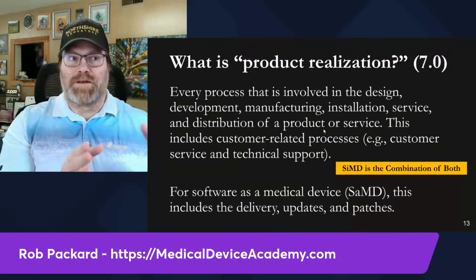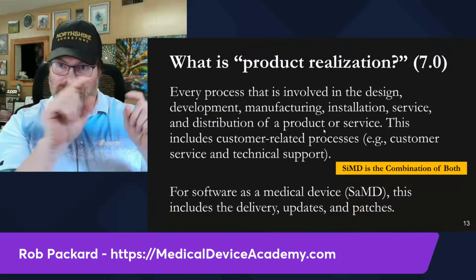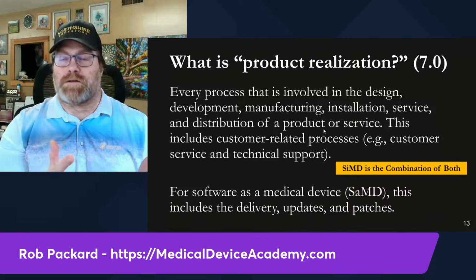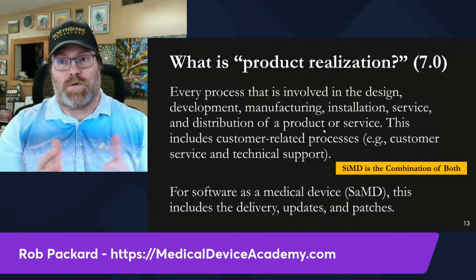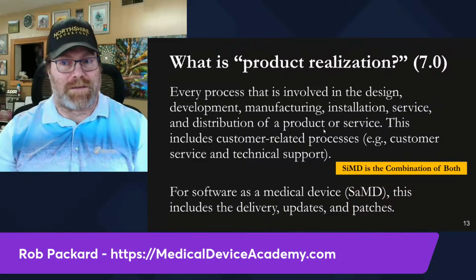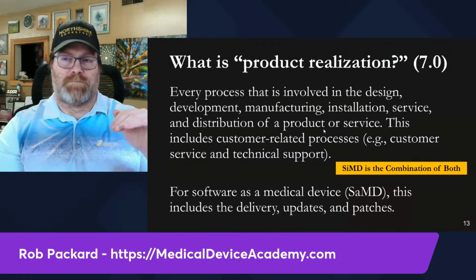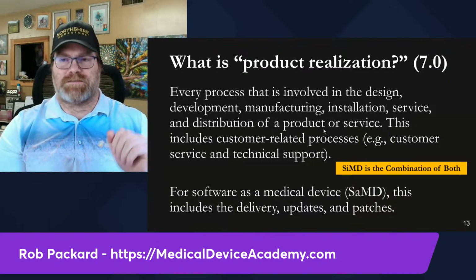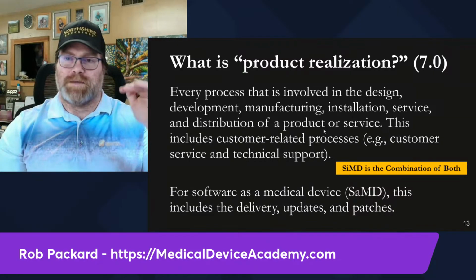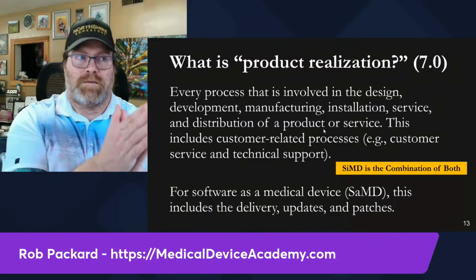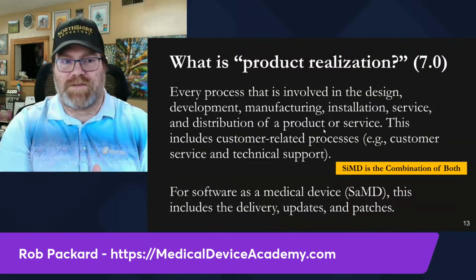Well, you have to look at the titles of the different sections. Clause 7 is product realization. 7.1, product realization planning. So that gives you an idea. The first clause of most major clauses is a planning clause, because we have the general process approach of plan, do, check, act. So product realization is clause 7.